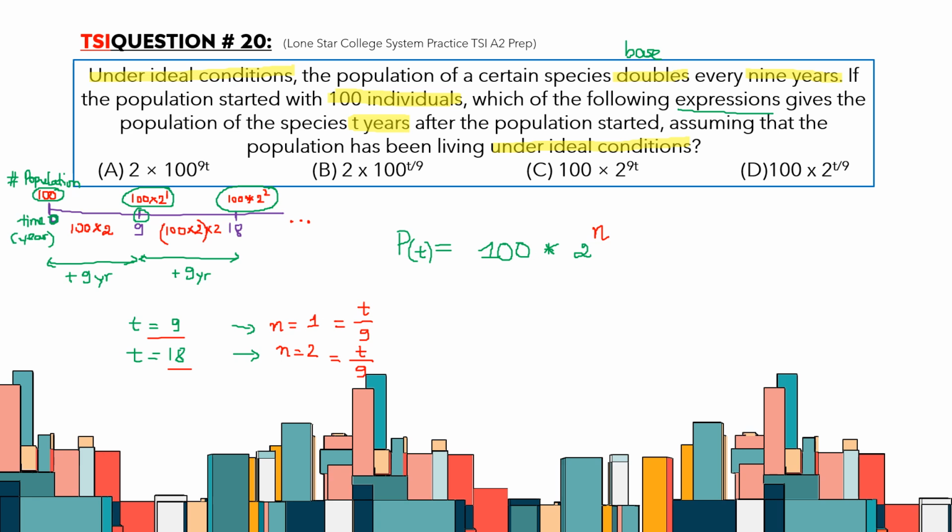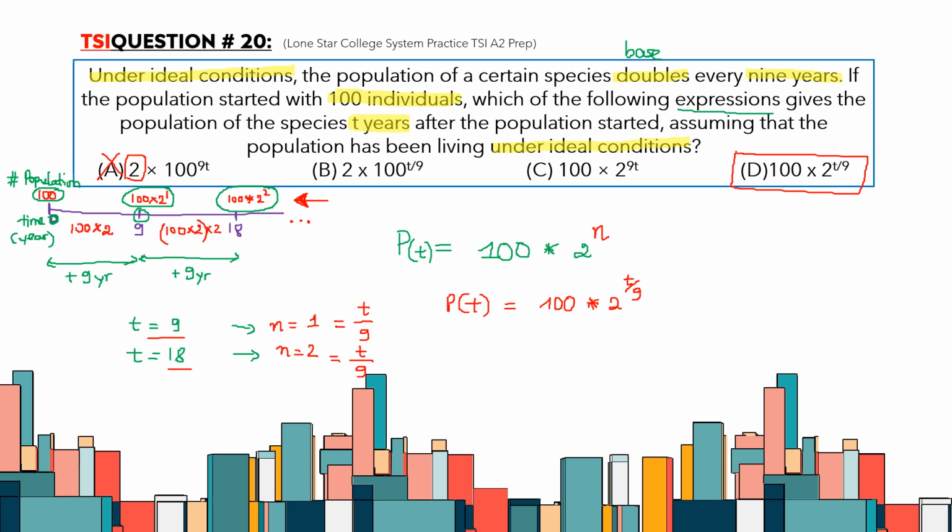So the answer should be D. P of t equals 100 multiplied by 2 to the power of t divided by 9. Looking at how the choices look, we can eliminate choice A, because the 2 is by itself.